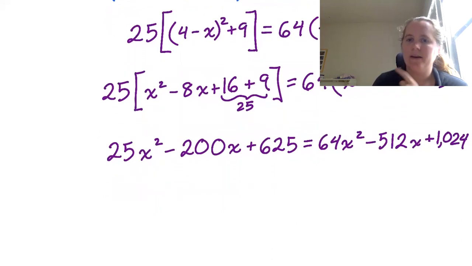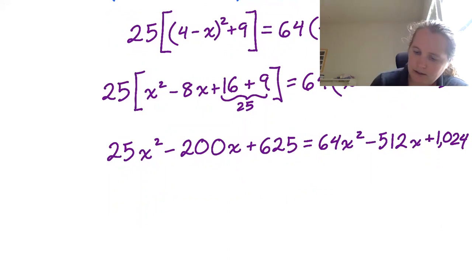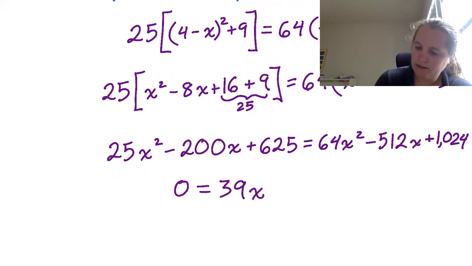And then we can go ahead and shift everything over to one side. So moving everything to the right, 64 minus 25, we are looking at 39x squared. And then negative 512 plus 200 would be negative 312x.